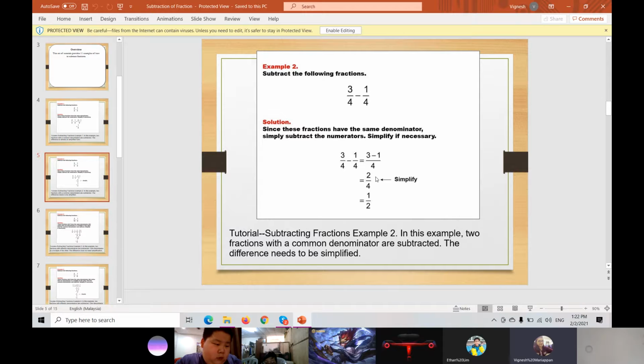Just now you divided by 2, so 4 also you have to divide by 2. Now 4 divide 2 is equal to 2. So what is your answer? 1/2. Can you understand now?